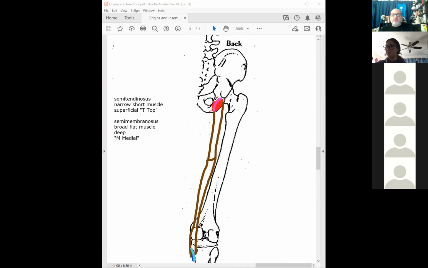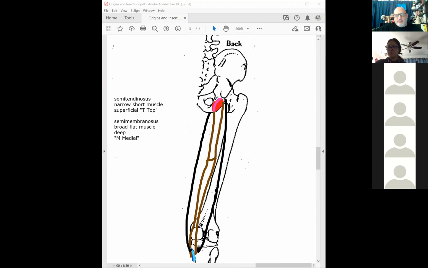The only difference is one is narrow and on top, one is wider and deep. But they have the exact same origin, the exact same insertion. So not surprisingly, what else do they share? Their action. The exact same actions.